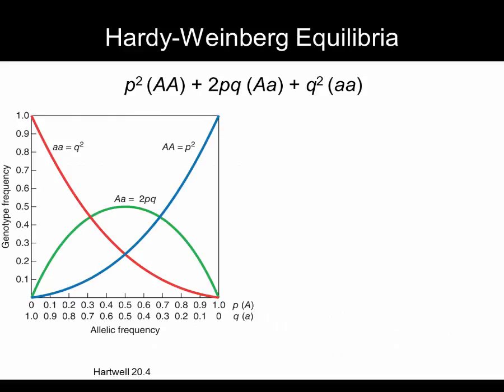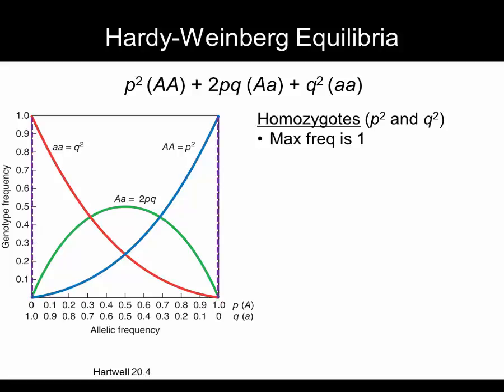There is a specific Hardy-Weinberg equilibrium for each possible combination of allele frequencies. In the most extreme cases, where there's only one allele, of course all individuals are homozygous for that allele. In the scenario where each allele is equally represented, half the population is heterozygous, and a quarter is homozygous for each allele.